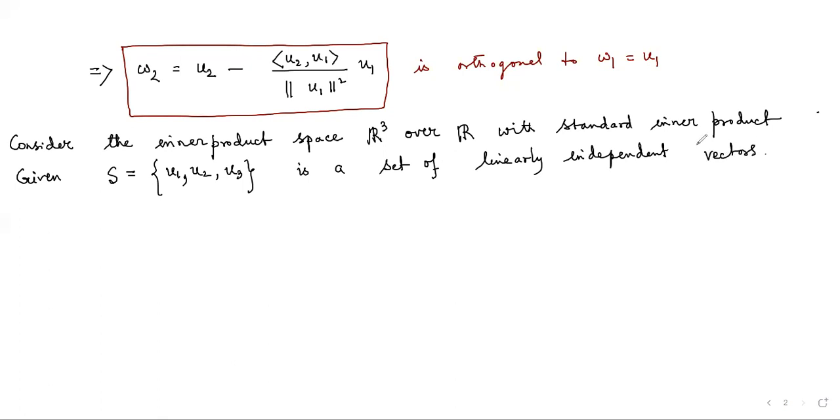Now you see that I am putting a star mark over there. For the Gram-Schmidt orthogonalization process, the first fundamental requirement is that the set of vectors with which you are starting must be linearly independent. You just cannot take two arbitrary vectors and try to apply the Gram-Schmidt orthogonalization process. The process will not work.